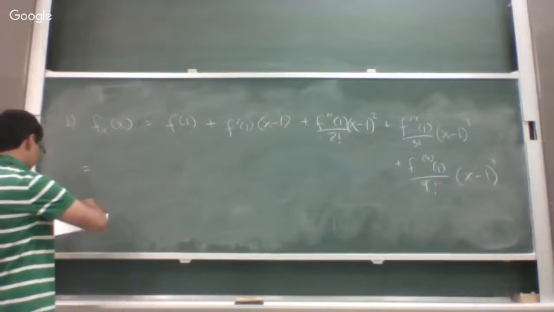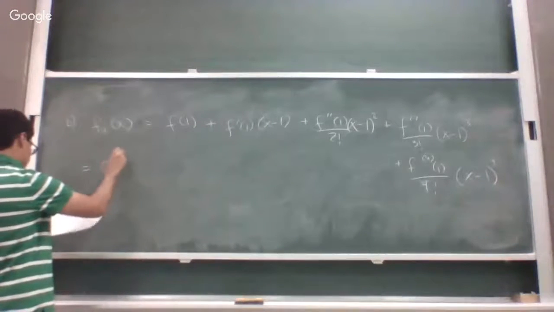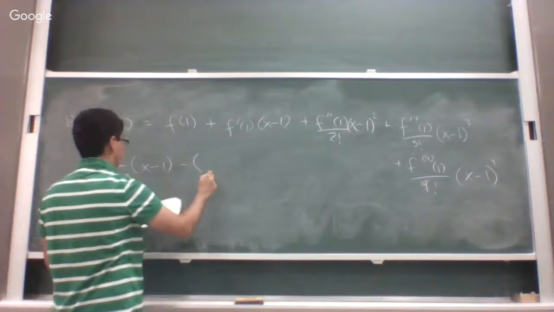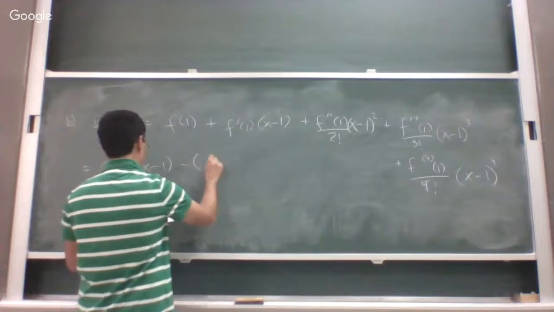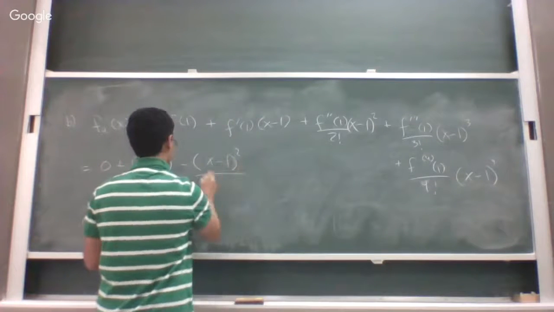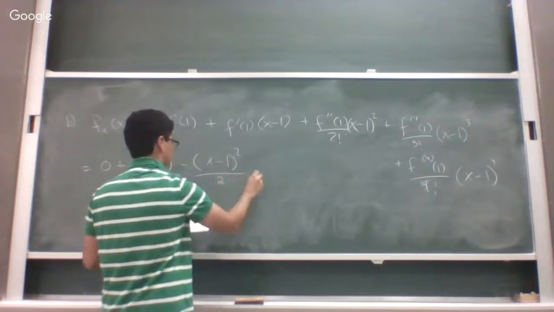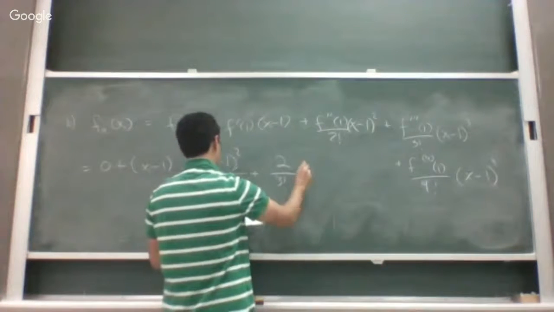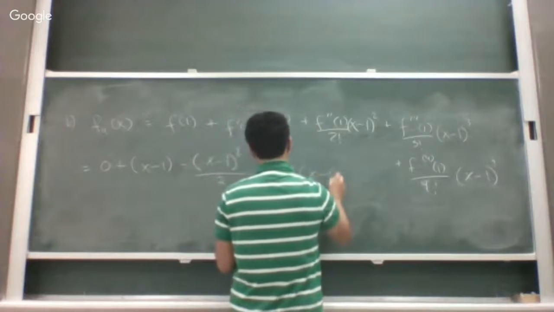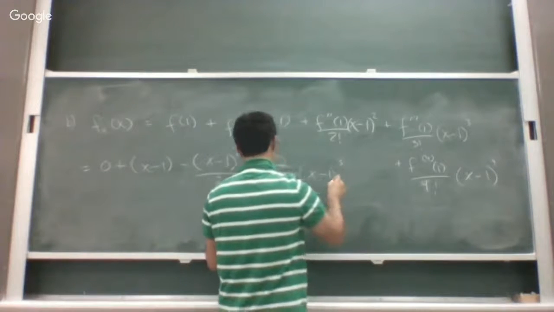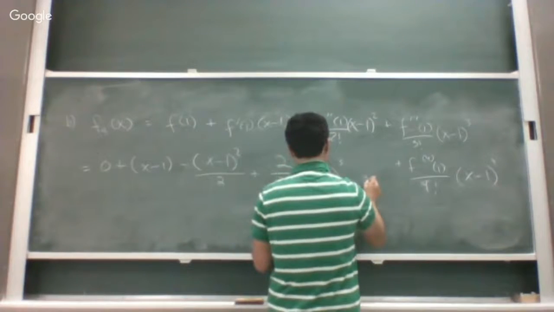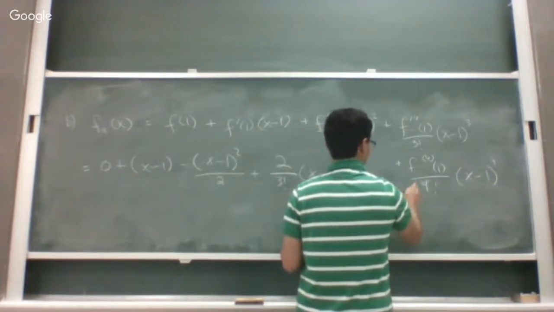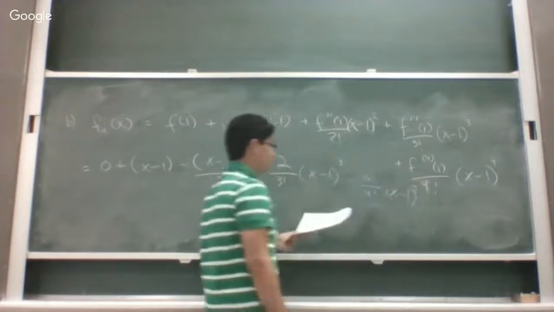So f of 1 was 0. So 0 plus x minus 1 minus the quantity x minus 1 squared divided by 2 plus 2 over 3 factorial times x minus 1 quantity cubed minus 3 factorial over 4 factorial times x minus 1 to the 4th power.